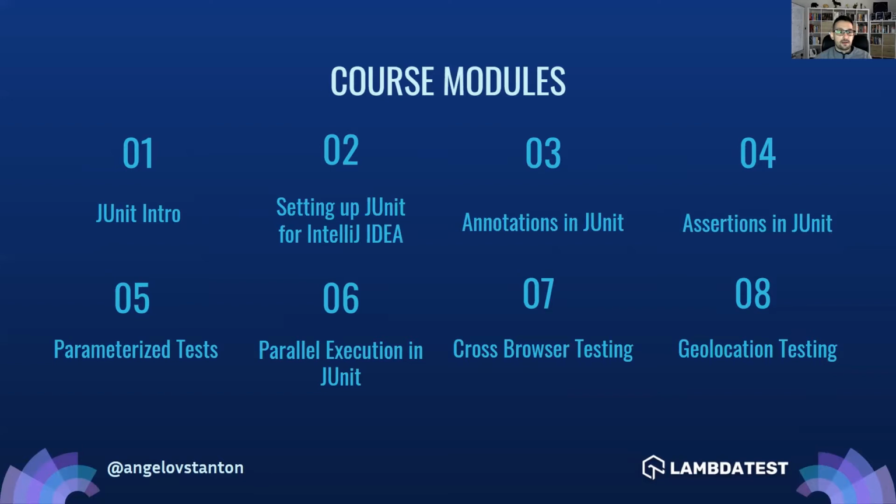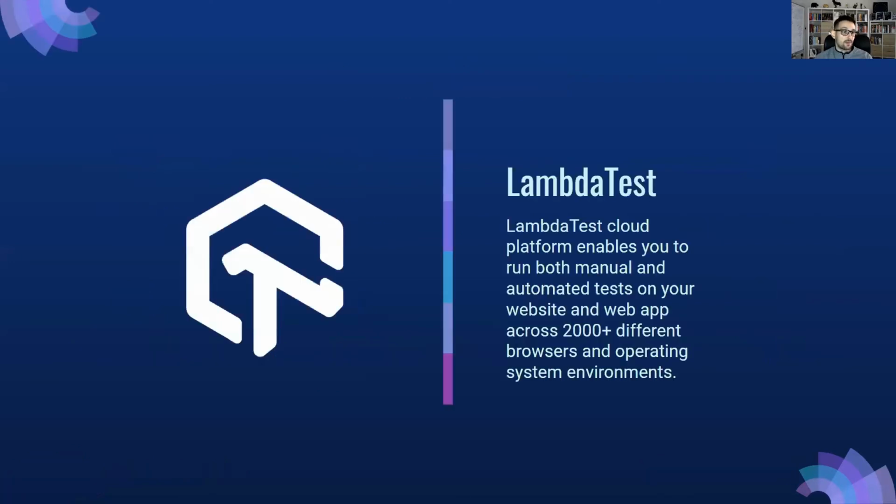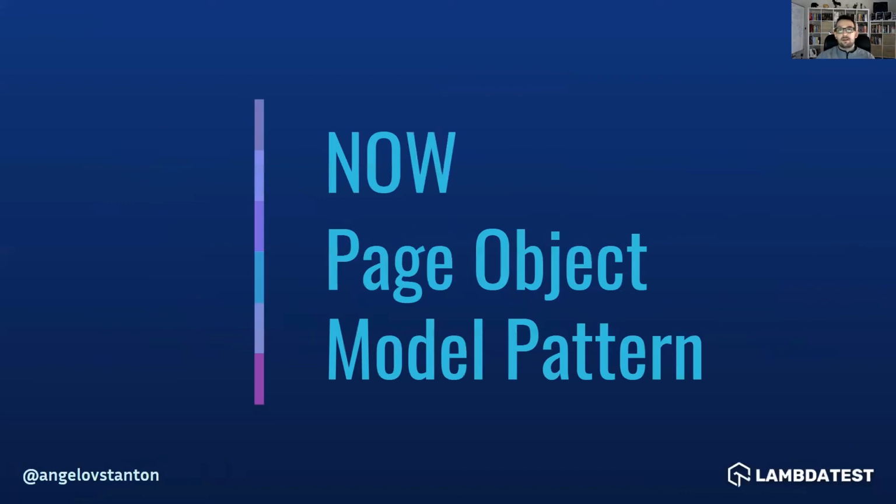And in chapter 7 and 8, we talked about how you can run the tests in the cloud and utilize the power of the cloud, of the platform, and how you can use their geolocation testing feature, which is really awesome. And now, in the last chapter of the course, we're going to talk about the page object model pattern.